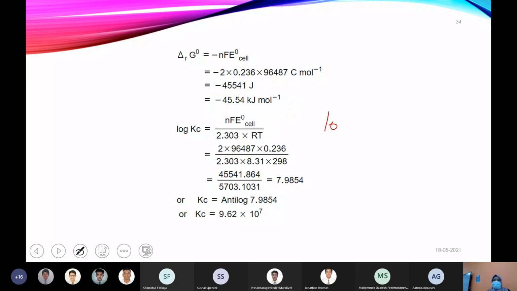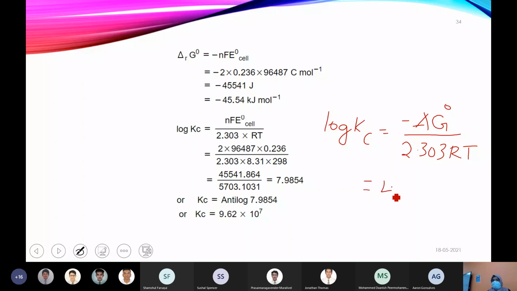So log Kc will be equal to negative delta G0 by 2.303 RT. Delta G is already negative, and negative will become positive.